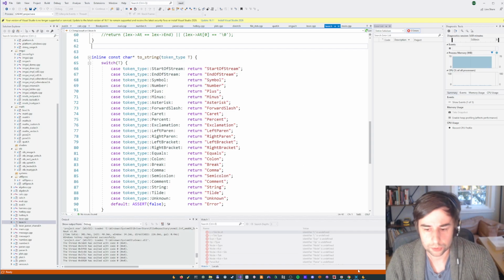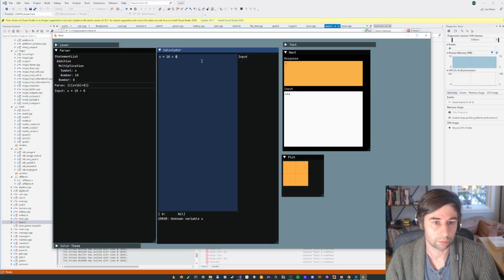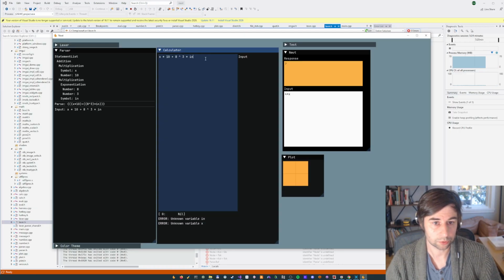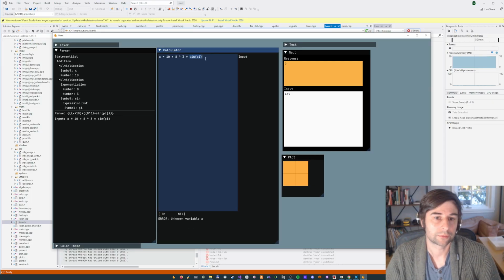So, just as a quick overview, you can do basic arithmetic operations plus exponentiation and factorial. You can call functions. There's a function call syntax that's trivial, and then some built-in variables.